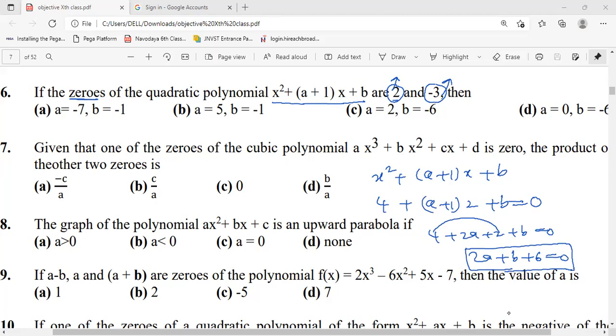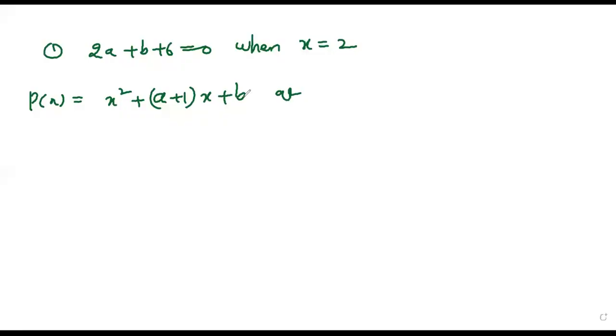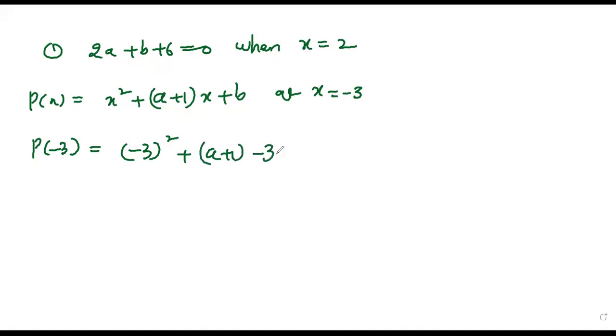Now next, if you substitute x equal to minus 3, we will see here p of minus 3 is equal to (minus 3) whole square plus (a plus 1) of minus 3 plus b, again this equal to 0.